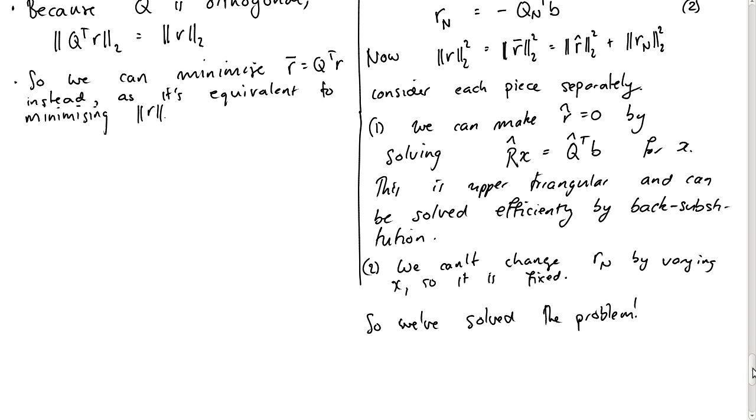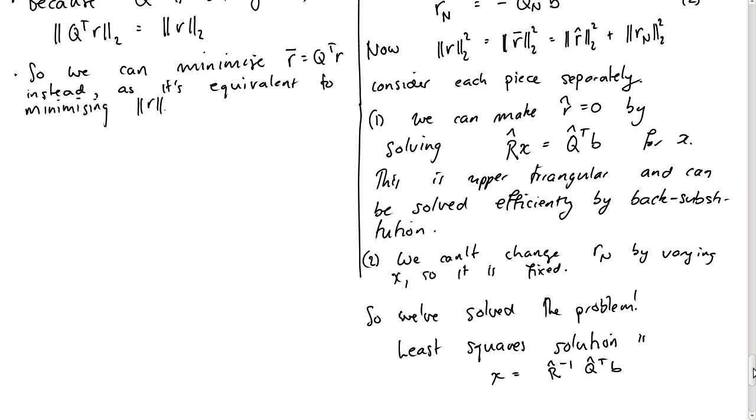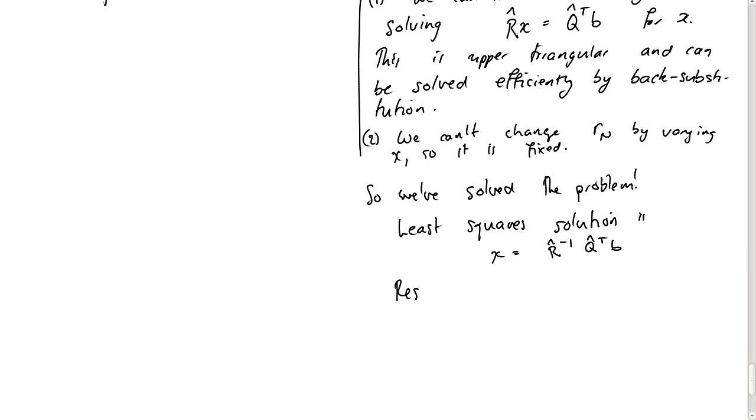So our least squares solution is x equals R hat inverse Q hat transpose b, which we can solve by back substitution like I just said, and the residual finally is the norm of r equals the norm of R hat, plus the norm of Rn, which just equals the norm of Q hat transpose b.